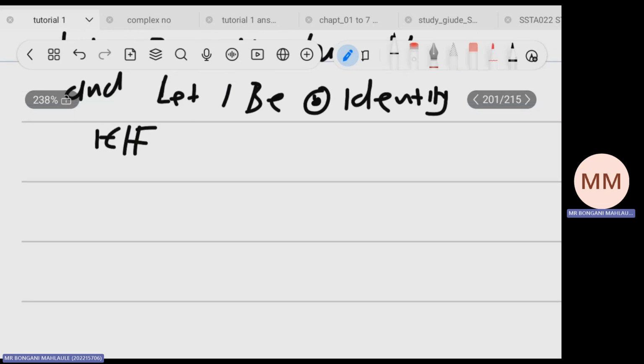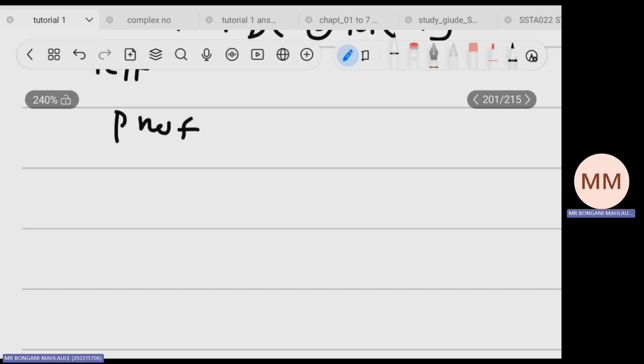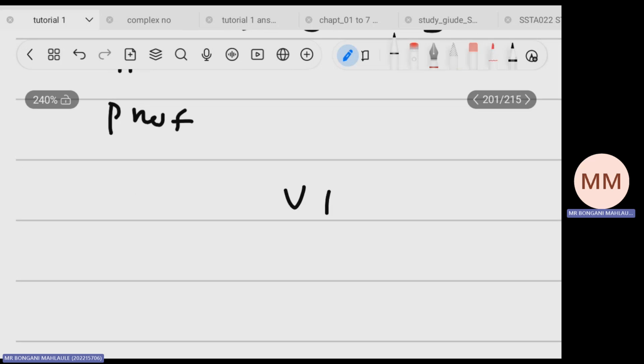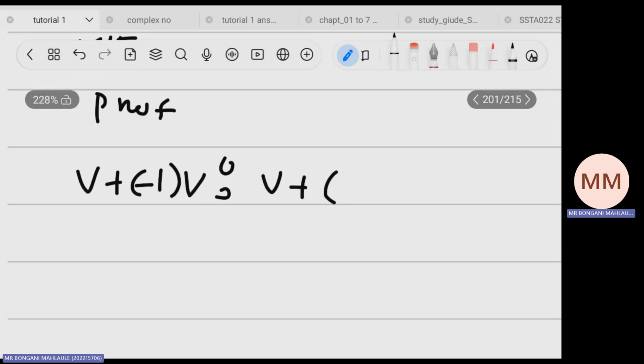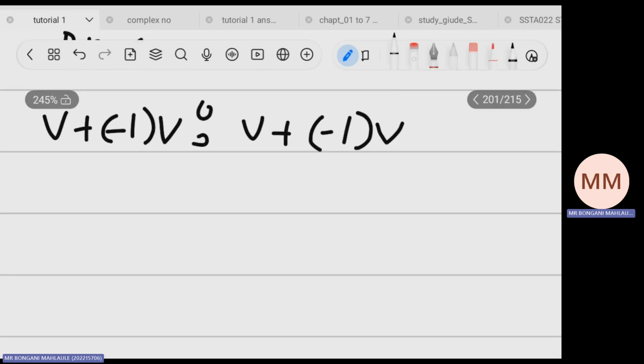So now you can say V plus negative 1V. We know this will be equal to 1 plus negative 1 times V, right?